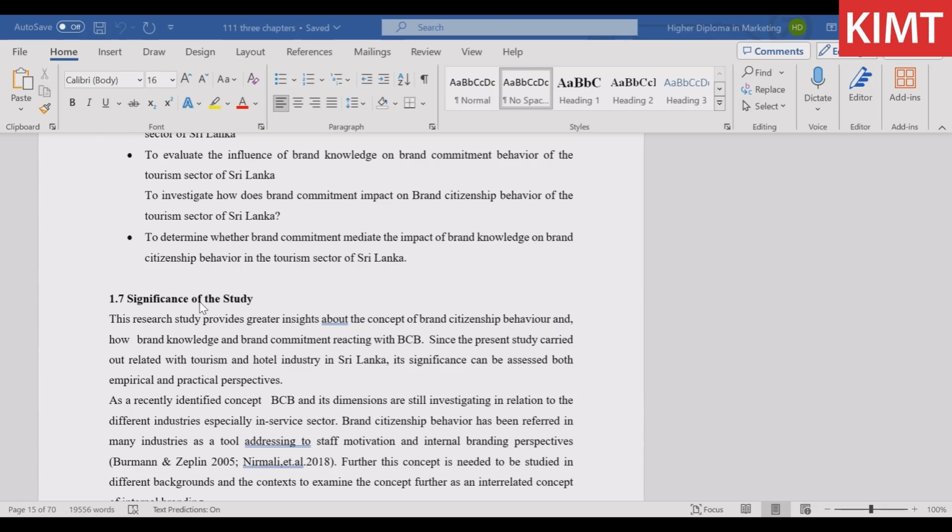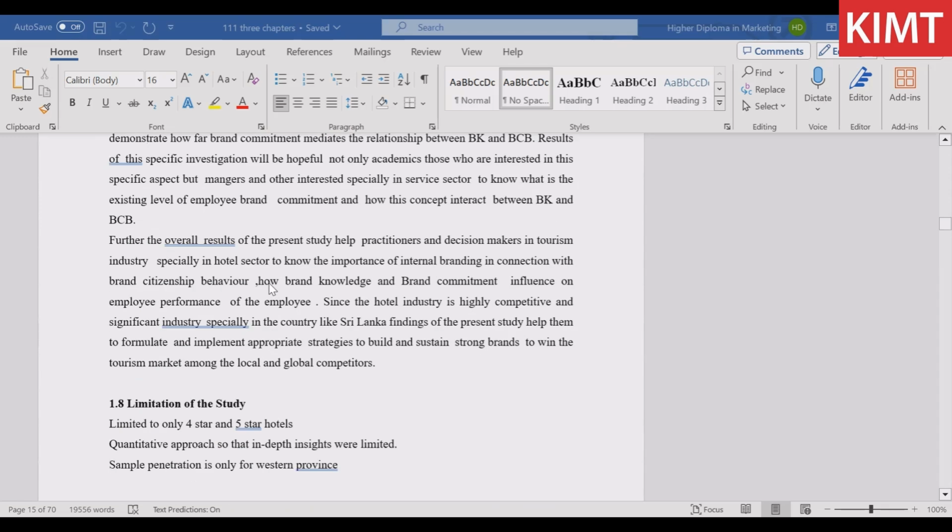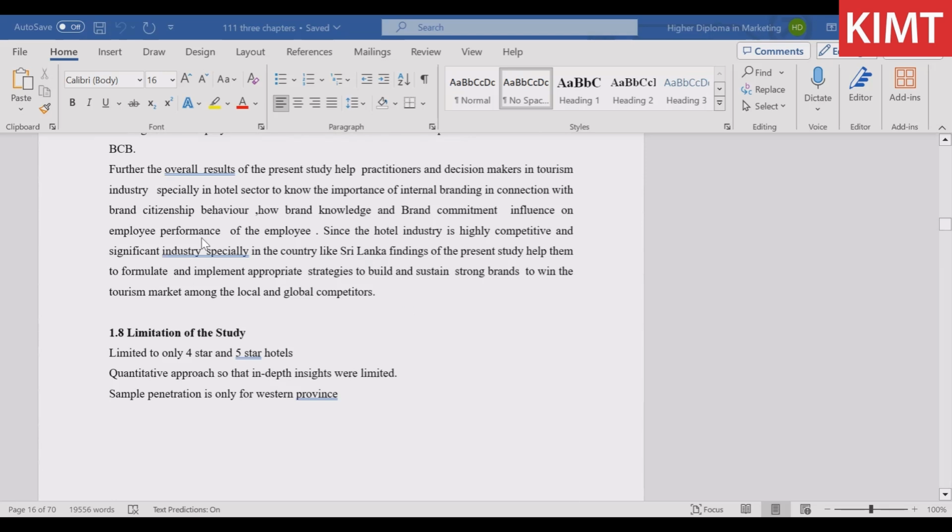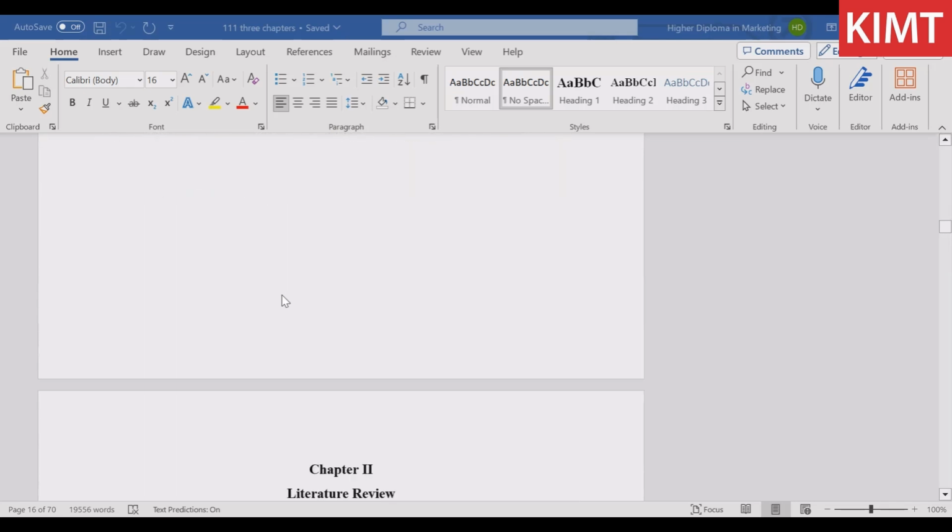I think our topic numbers were a bit different, maybe number 6 or 7, but that won't be a problem. It doesn't matter. So for significance of study, you write 1 or 2 paragraphs. This student has done a few things, and if needed, you can put limitations of the study.